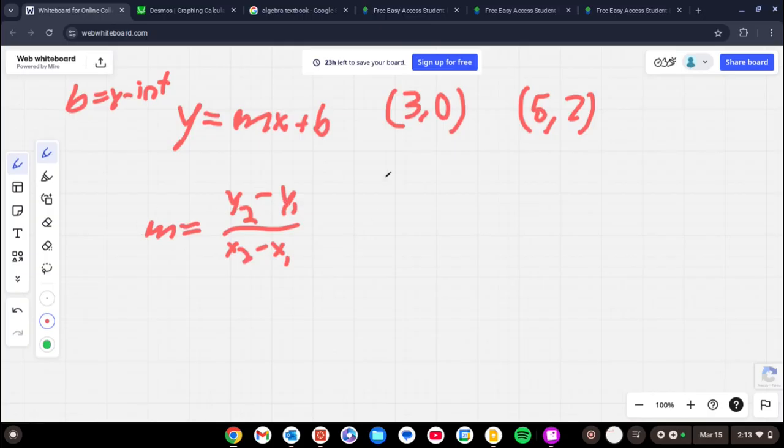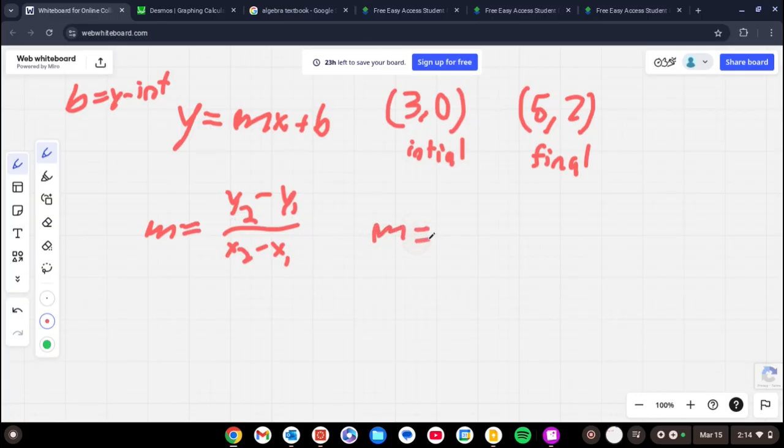So to find the slope, let's say that this is our initial, and then this is our final point. So you just plug this in. Remember that the second y term and the second x term are the final.